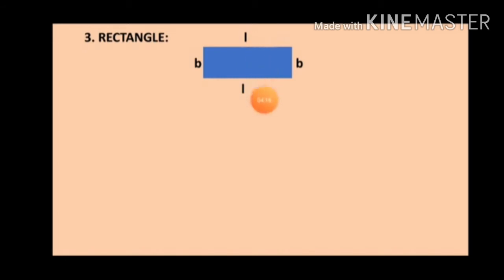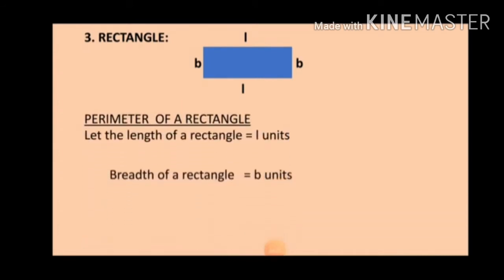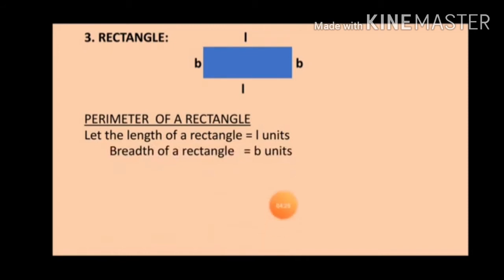When I talk about the perimeter of this rectangle, I first have to define what I have taken for the length of the rectangle. I have taken L units, and the breadth of this rectangle I have represented using the small letter B units. Now let us learn about the perimeter of a rectangle.